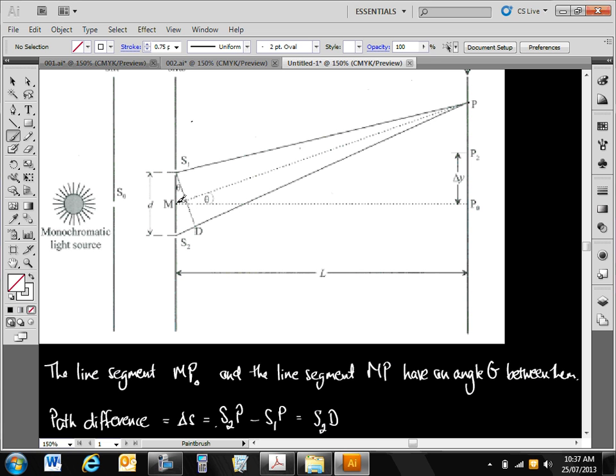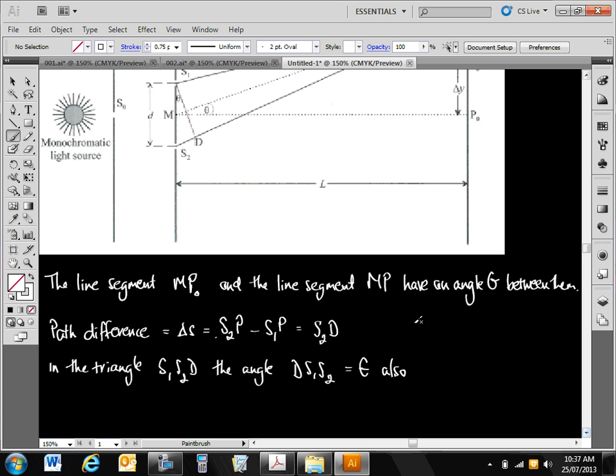You see that? DS1 is normal to MP, or MP is normal to DS1. And S1S2, that line segment there, is normal to MP. And the angle between two lines is equal to the angle between their normals. If you missed it, take my word for it.